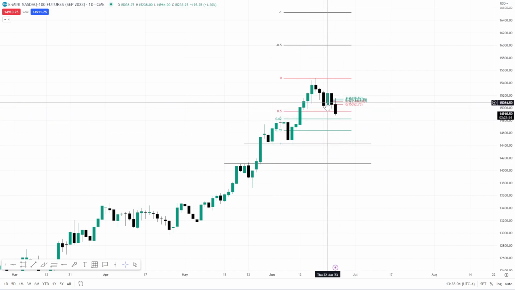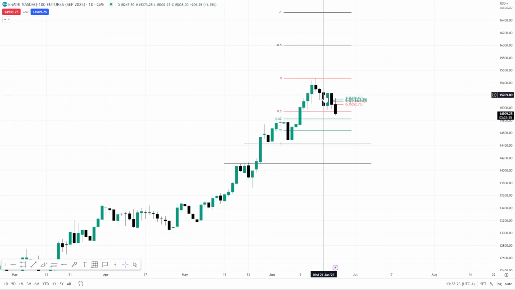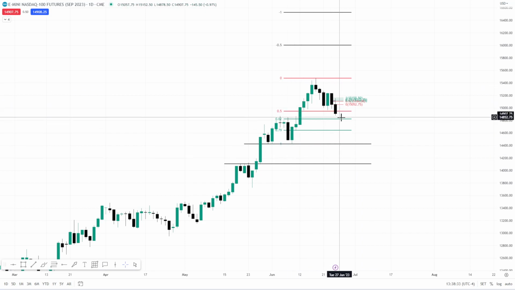If we were going to reject out of here, I feel like we would have come down and dipped into here and then rejected out and started to make a move higher, using it as a point of just dipping past equilibrium and using that fair value gap for that. But the fact that we stayed above it for 3 days makes me lean more towards that we're going to fill it and get into this order block, because then now we're balancing this area.